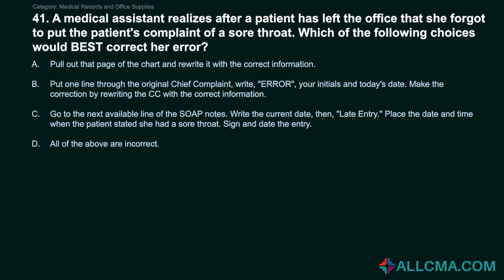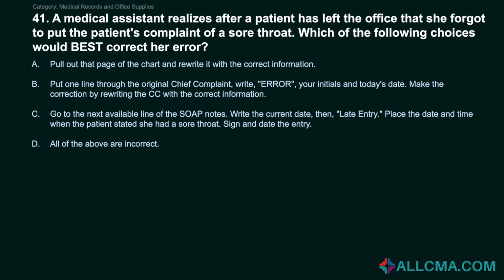41. A medical assistant realizes after a patient has left the office that she forgot to put the patient's complaint of a sore throat. Which of the following choices would best correct her error? A. Pull out that page of the chart and rewrite it with the correct information. B. Put one line through the original chief complaint, write, error, your initials and today's date.